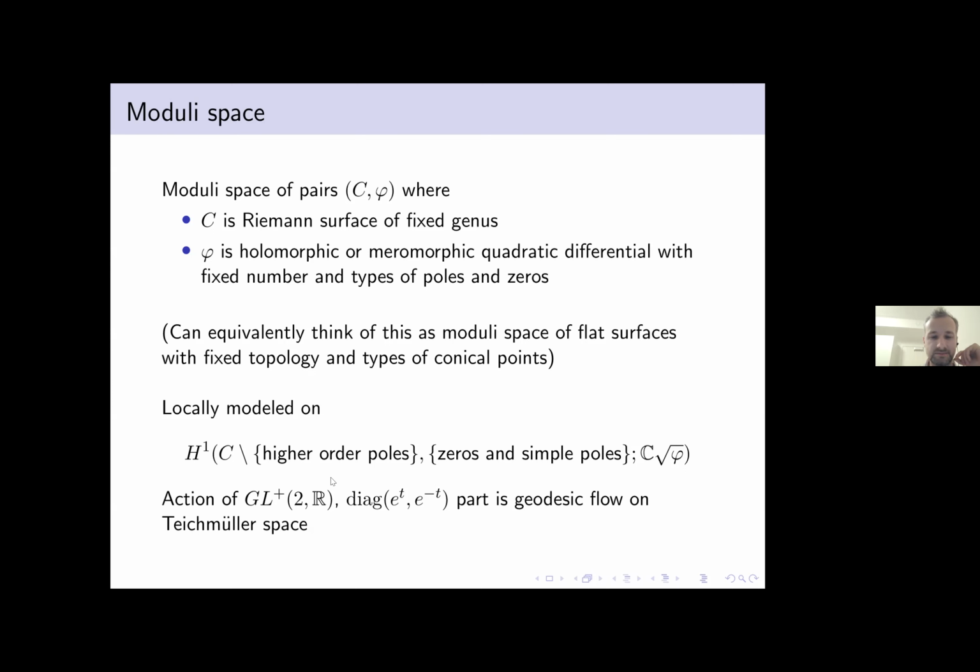If you think of an abelian differential as a complex valued one form, then you can take that complex value and act by GL plus 2R and get something that's complex for a different complex structure. Not sure if that makes sense, but this action definitely exists.